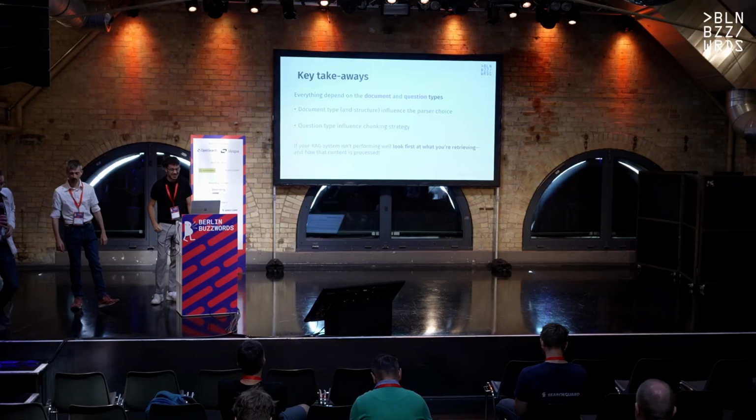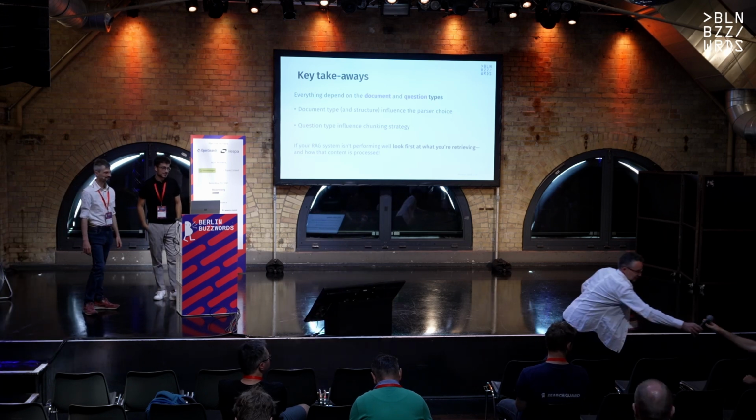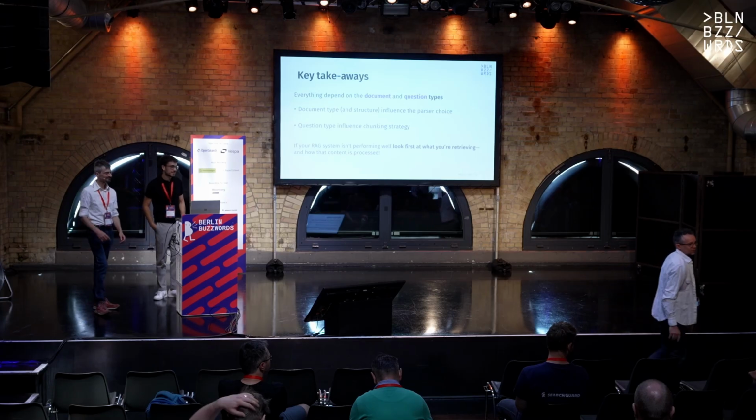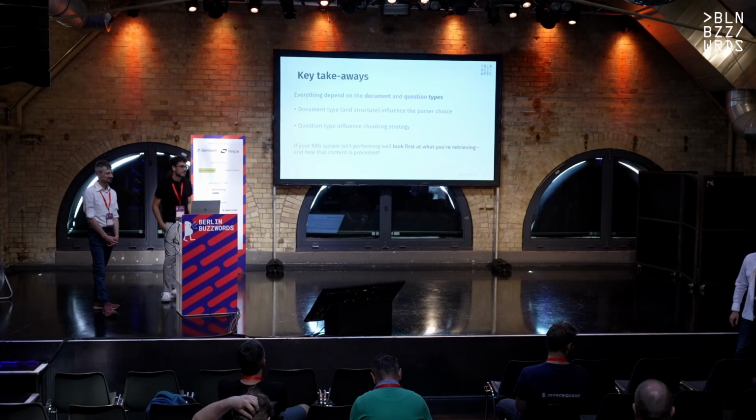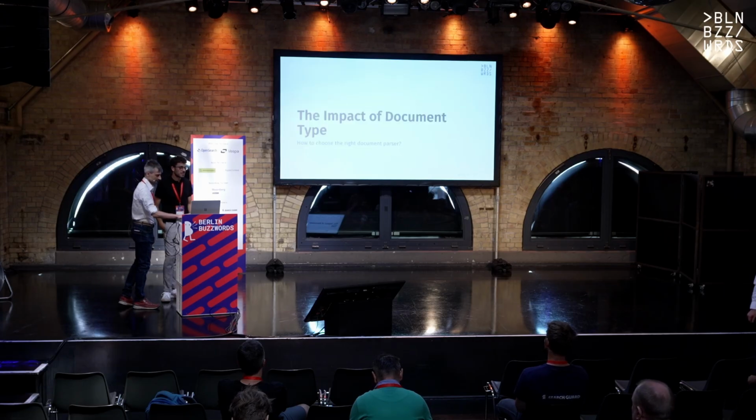Thank you. There's another question. Thank you for the talk. I have a question about evaluation of chunking. The slide where you showed the differences between the different chunking methods.